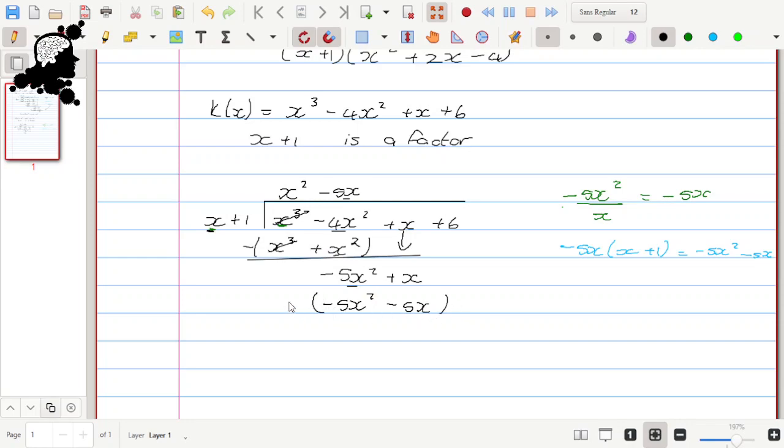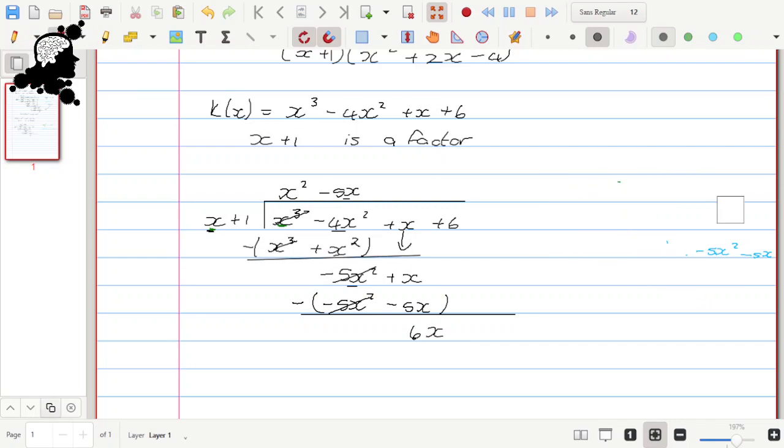Once again, I need to do some subtraction here. So introduce the brackets and put a division line with the minus sign. So negative 5x squared minus negative 5x squared, that cancels out. Then x minus negative 5x, this is going to give us positive 6x. Wonderful.